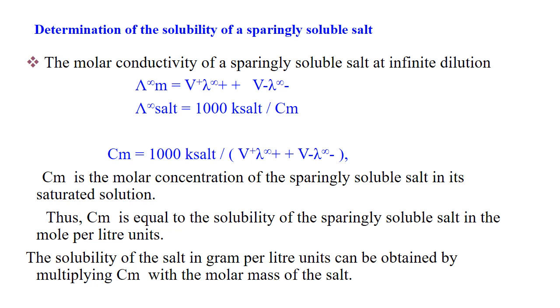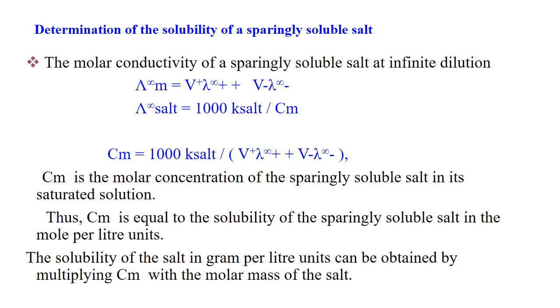If we make the concentration the subject, we get 1000 kappa of salt by lambda m infinite. And instead of lambda m infinite, we put the value v plus lambda m infinite plus plus v minus lambda m infinite minus. So Cm is equal to the solubility of the sparingly soluble salt in mole per liter.